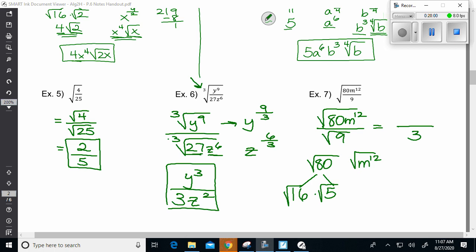It's not just the biggest number, it's the biggest perfect square. So the square root of 16 is 4. The square root of 5 is the square root of 5.